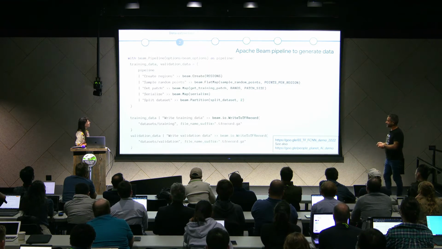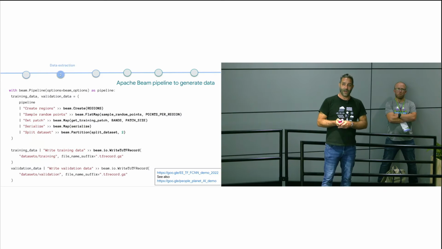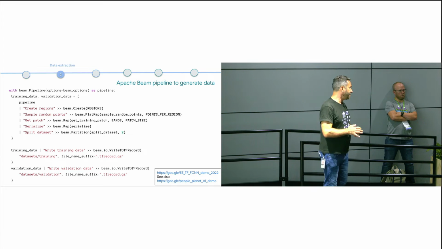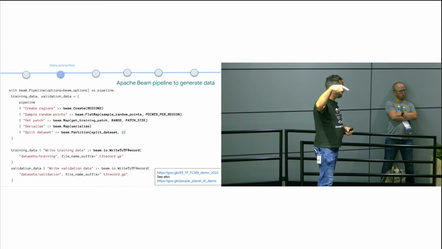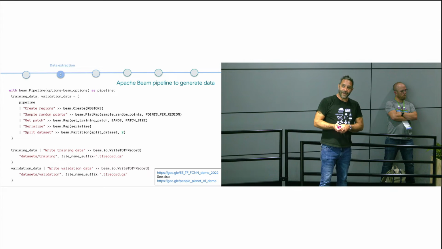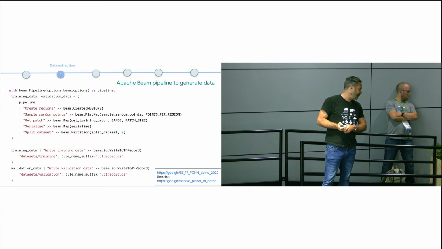So how does this Beam pipeline work? First, you just create the pipeline from those regions. That capital regions is that list of the polygons that I drew near Ho Chi Minh there. Then we're going to do a flat map over those regions. So this is like calling a map in Earth Engine and then .flatten on the result.